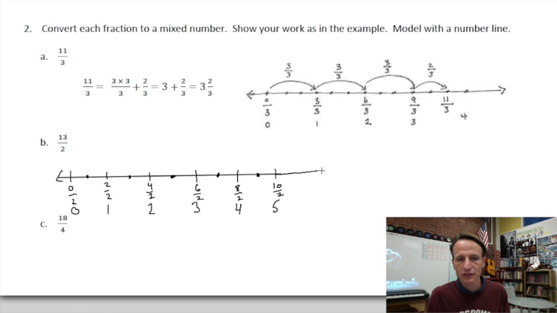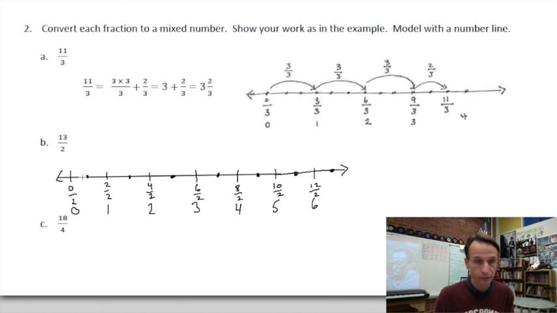And I'm going to have to extend my number line here as I thought I would. And so when I go to whole number 6, that's 11 halves and 12 halves. Well, at least now I'm close to 13, right? There it is. That's going to be my 13th half, and I'm going to cap that bad boy off right there. So I can go ahead and draw my arrows here.